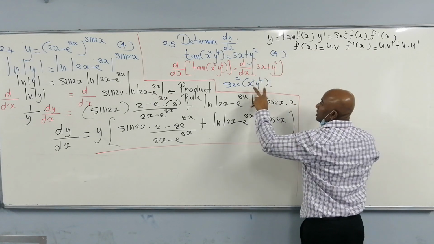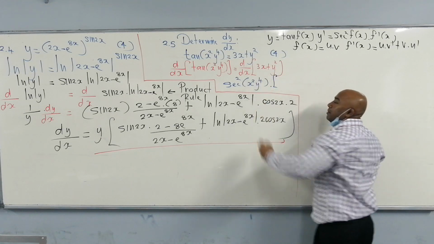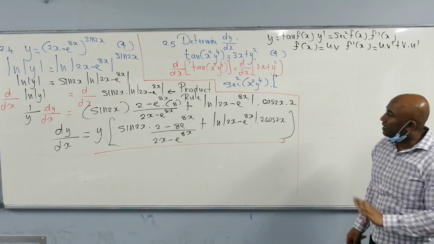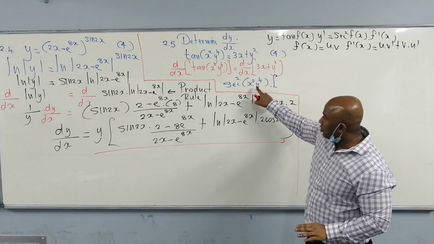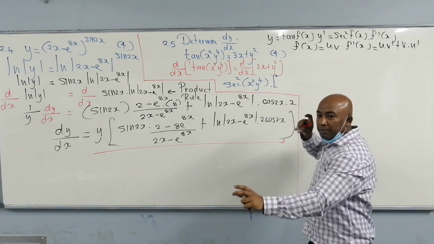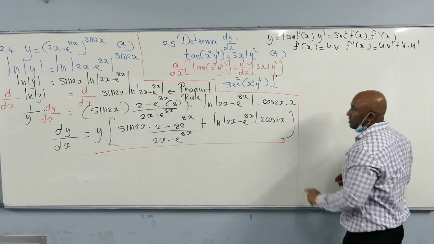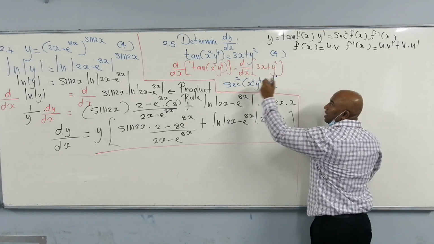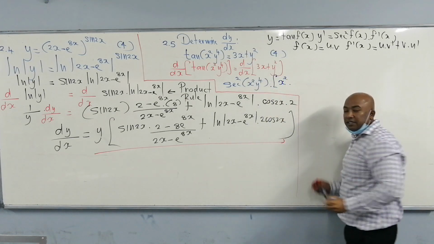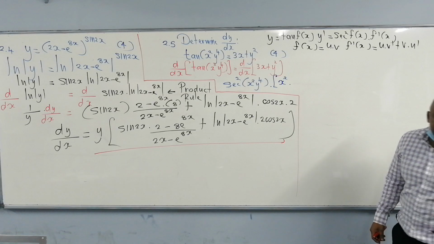So f prime x, I need to use the product rule here. I must open up a bracket. If there's no bracket, it's wrong completely. You must open up a bracket and then you apply your product rule inside there. So the product rule is, copy down the first, which is x squared, differentiate the second.